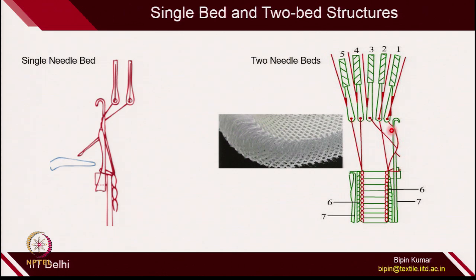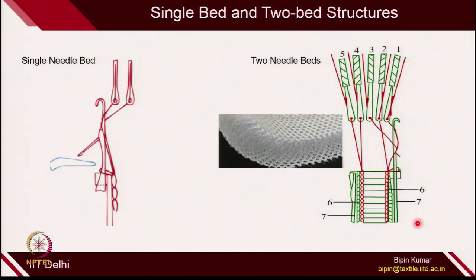One of the guides will be shifting the yarn from one bed to the other bed, and in this way a 3-dimensional fabric structure can be created. This structure gives a lot of porosity, and it was a revolution in the field of mattresses and cushioning type of material, because it is a very fluffy fabric and highly porous. So, two needle beds give you the capability to create 3-dimensional fabric structures.